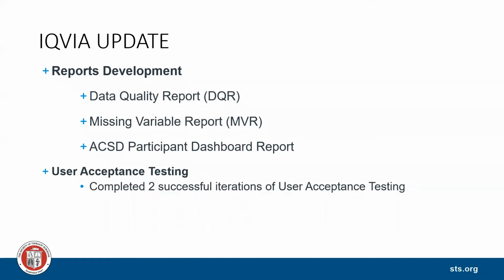So you're able to see the information that you've uploaded and of course information that has been migrated. Based on the time frame, you're able to run that report and see the percent missing for identified variables.